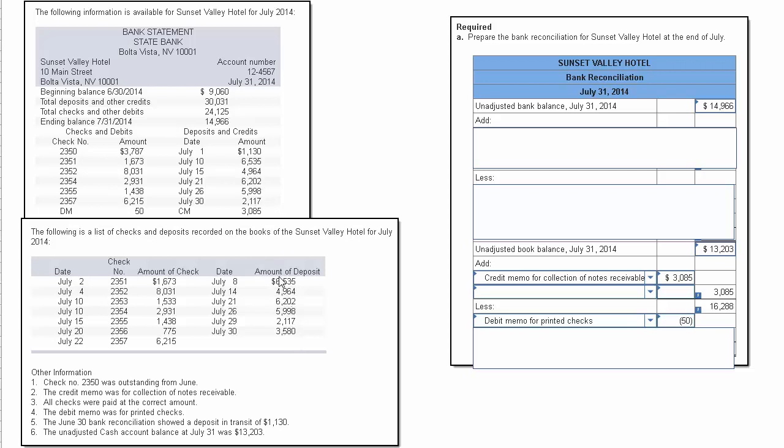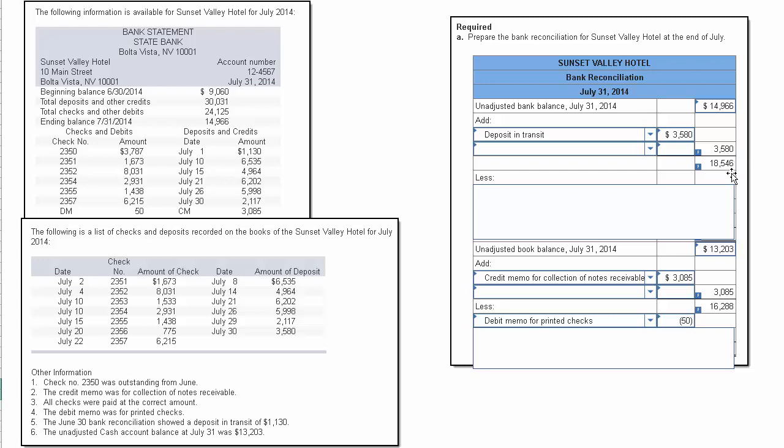Yeah, 4964, 6202, 5998. We dealt with the outstanding from last month, but that 3,580 must be in transit. So we need to show that as a deposit in transit here. Now at that point, that's the only item we have in deposit, so we can put in together the subtotals that we need.